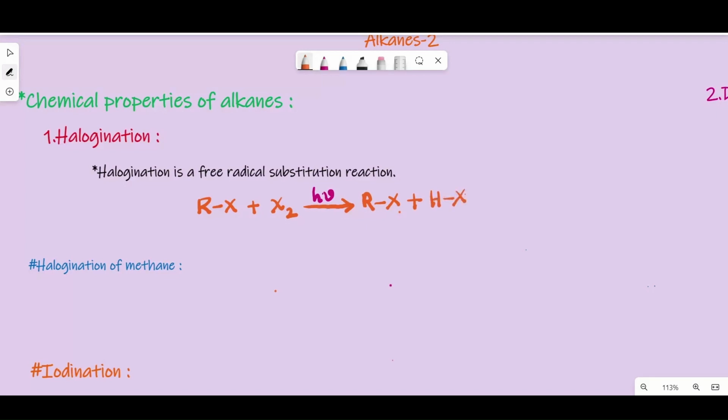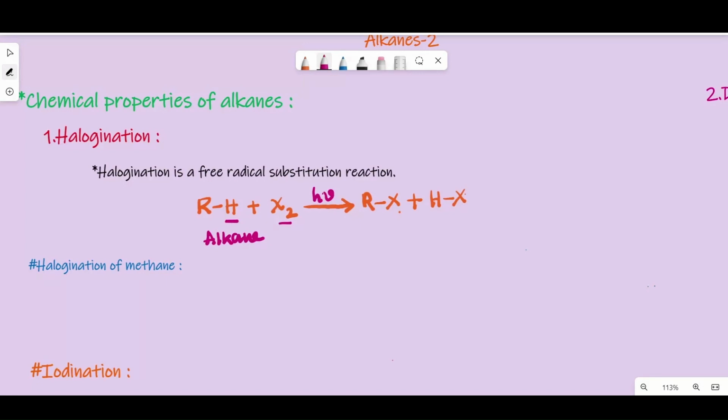Here we are just replacing this hydrogen with the halogen. Now, the halogen may be chlorine, bromine, or anything. So this is an alkane and this is the halogen. In the presence of light, this halogenation will occur.